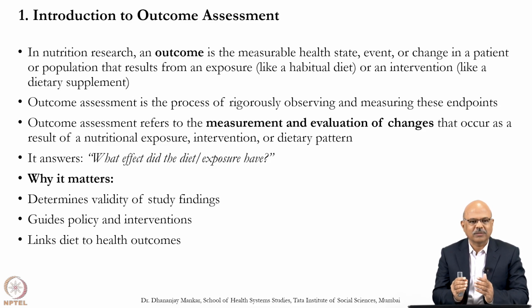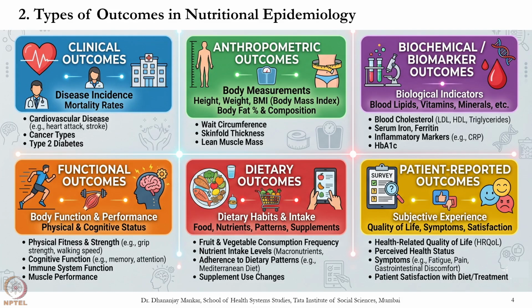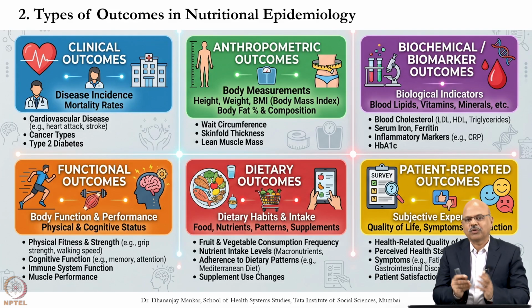So why does it matter, and what is the importance of outcome assessment? It determines the validity of the study findings. It guides policy and intervention. It links the diet to the health outcome. So outcome is something very important. What are the types of outcome in nutritional epidemiology?